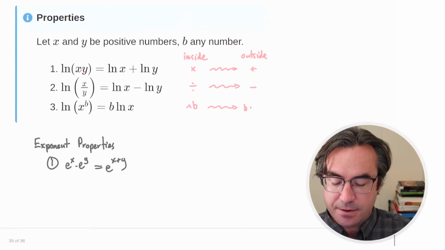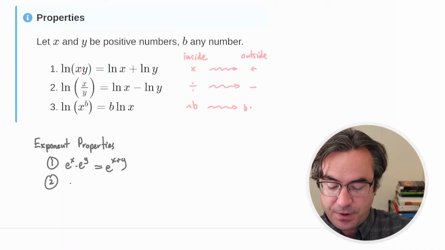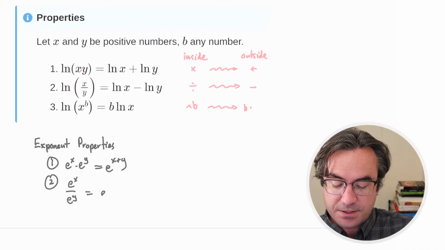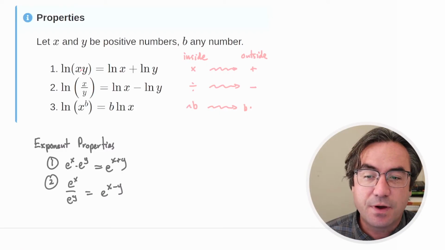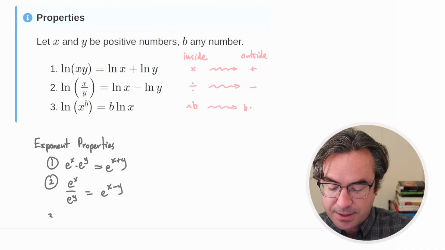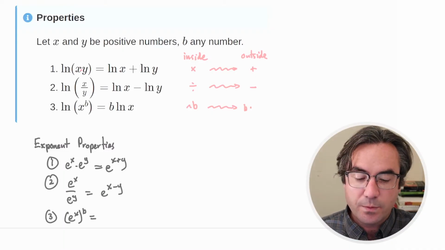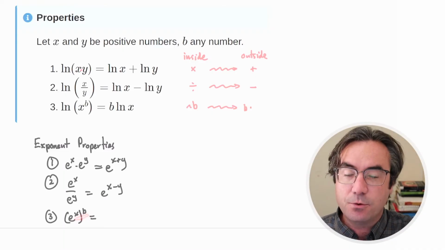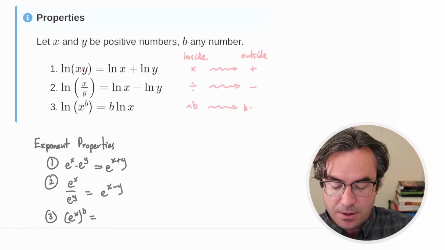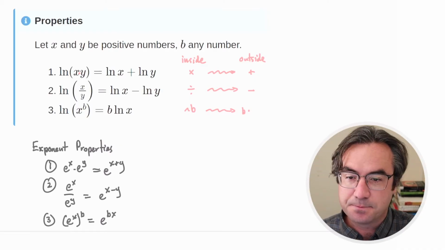For the second property, if we divide exponential terms, e raised to the x divided by e raised to the y, we subtract the exponents. The third property matches up when we have e raised to the x and then that whole thing raised to the power b. When we have multiple exponents like this, we multiply the exponents together, so we end up with e raised to the b times x.